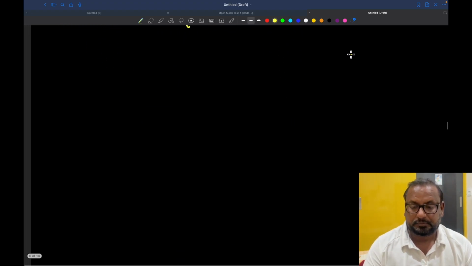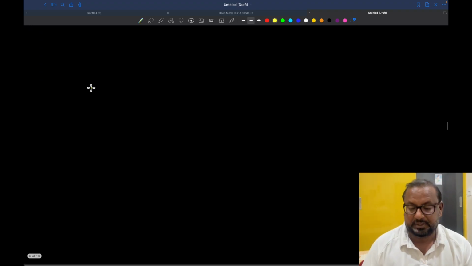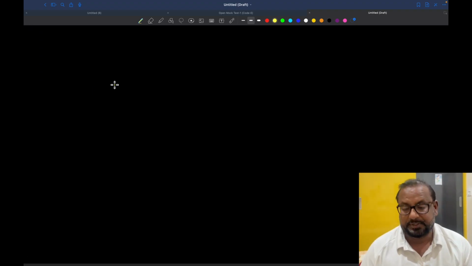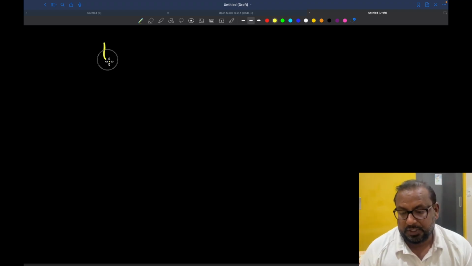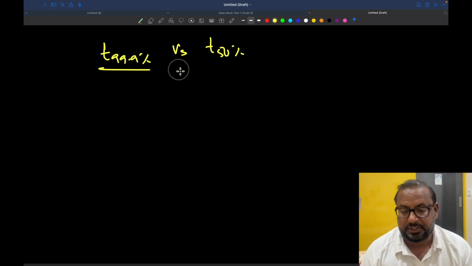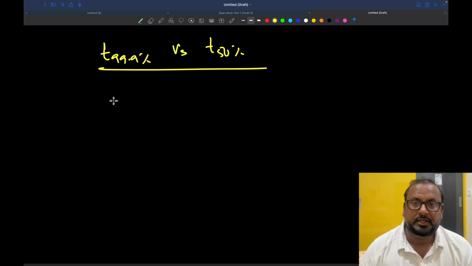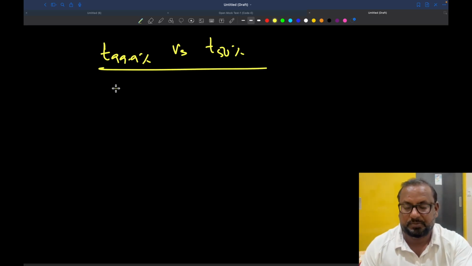In a first order reaction, for example, we'll see one relation here: T 99.9% versus T 50%. This is the NCERT derived relation. We just plug in the values to get the answer.